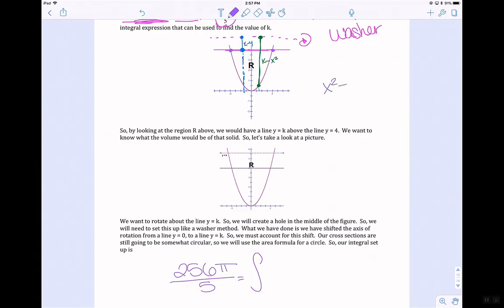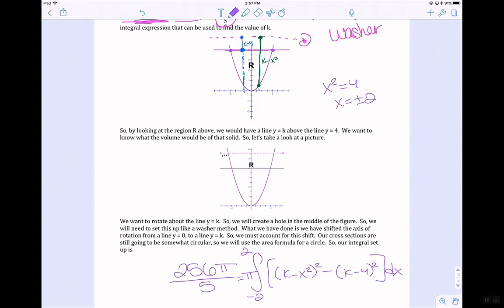What happens when x squared is equal to 4? x is equal to plus or minus 2. So negative 2 to 2. And then I have my pi. Let's put pi on the outside. My outermost radius is k minus x squared, and then minus k minus 4 squared, and dx.